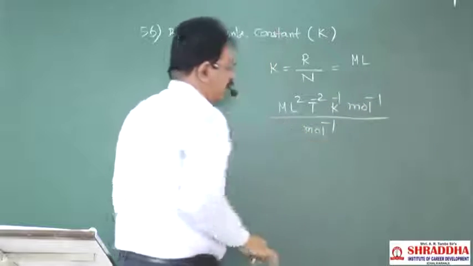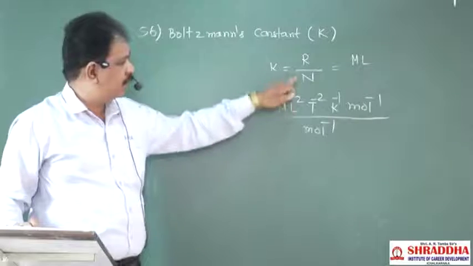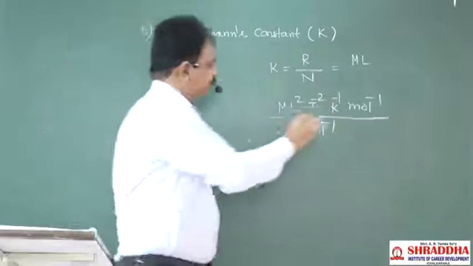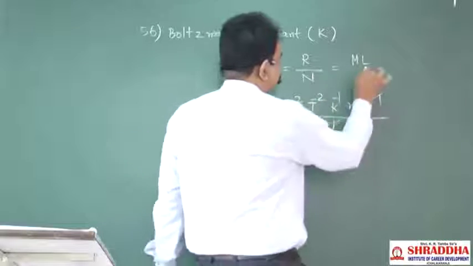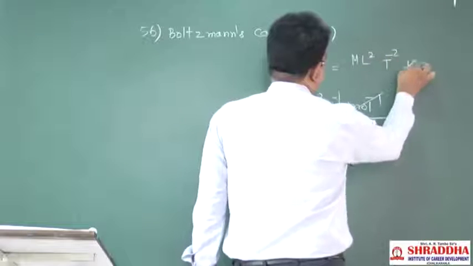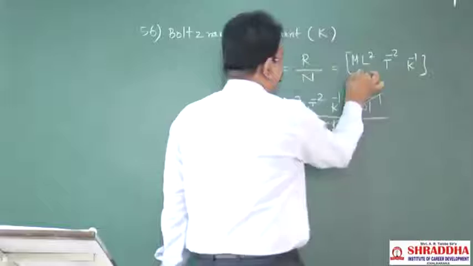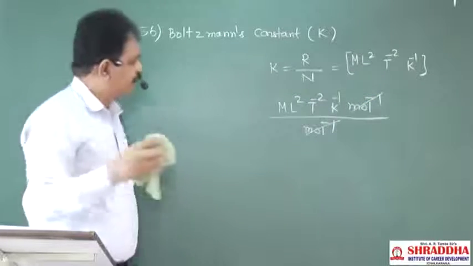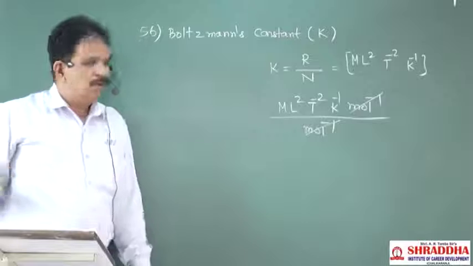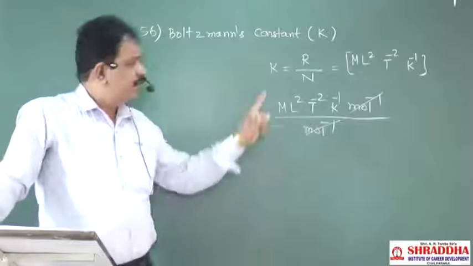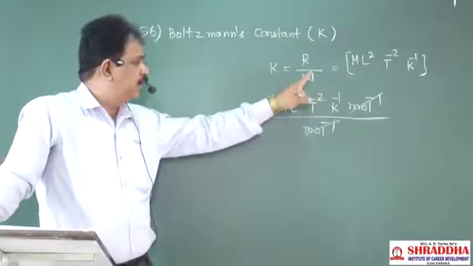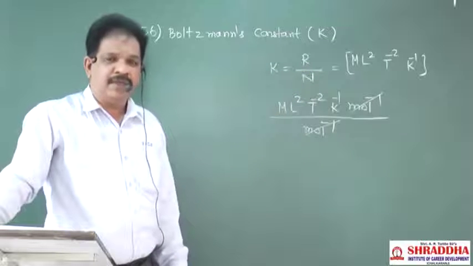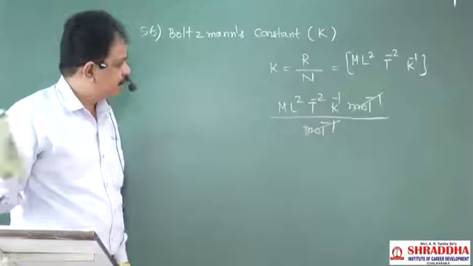This will be mole inverse, Avogadro number. So this will be M L square T power minus 2 K power minus 1. That is the dimensional formula for this. Boltzmann constant dimensional formula will be M L square T power minus 2 K power minus 1.